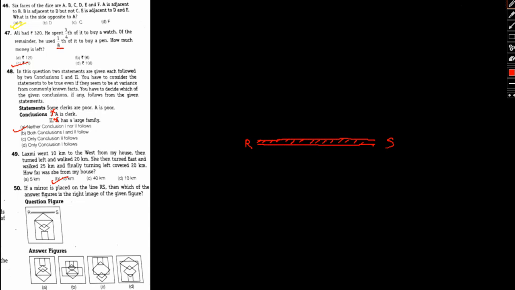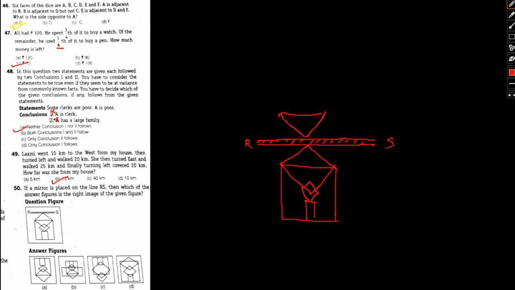Let me just draw the diagram again. The diagram looks something on these lines. If we further draw the same, the thing will actually look something like this. It will extend from here to here.